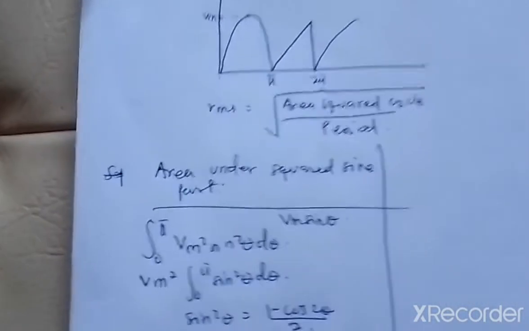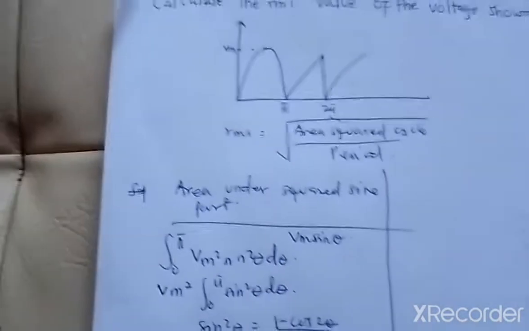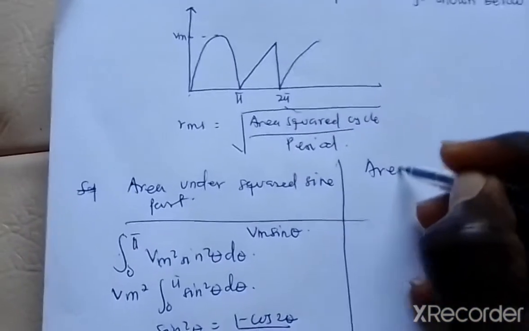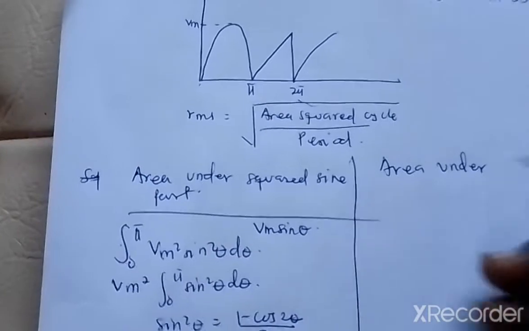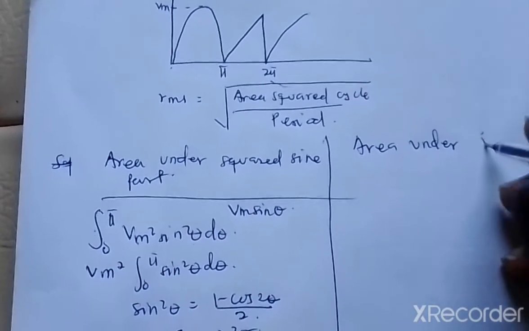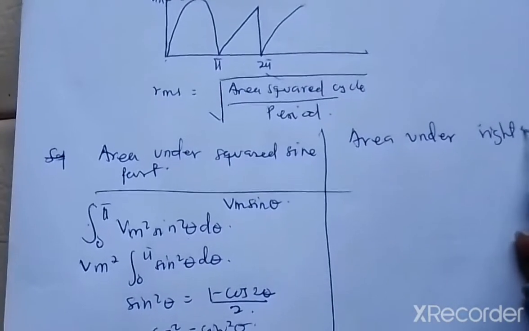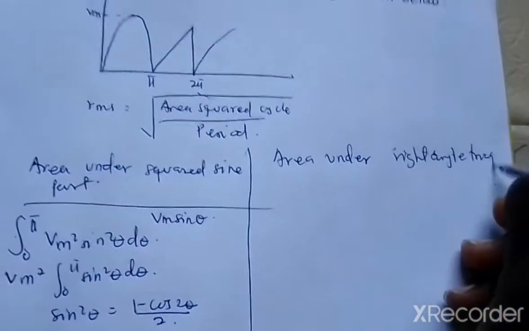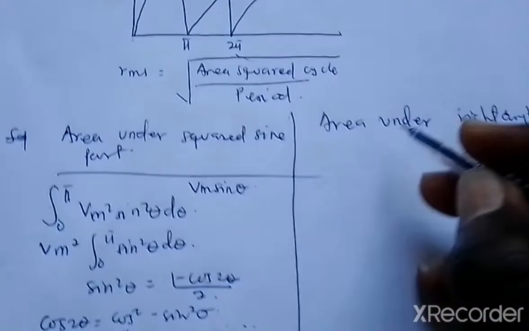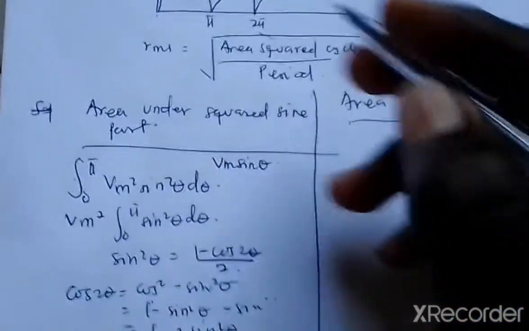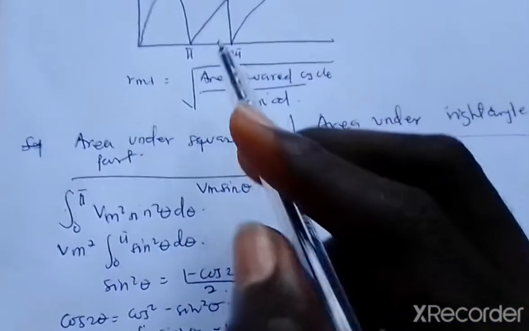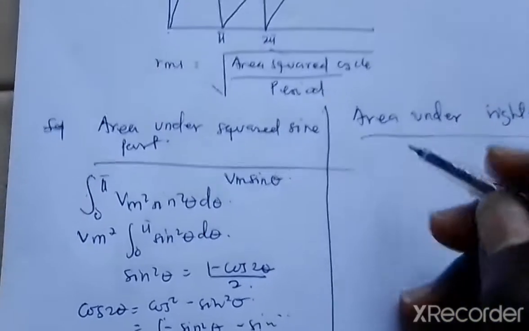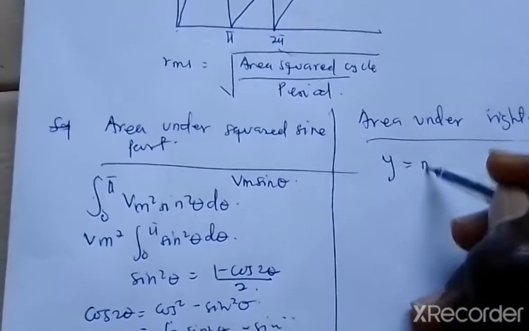Now let's go to the area under the triangle part, that is a right angle triangle. So considering the area under the right angle triangle part, you know that to find the cycle of this triangle part, you just make y equal to mx plus c.